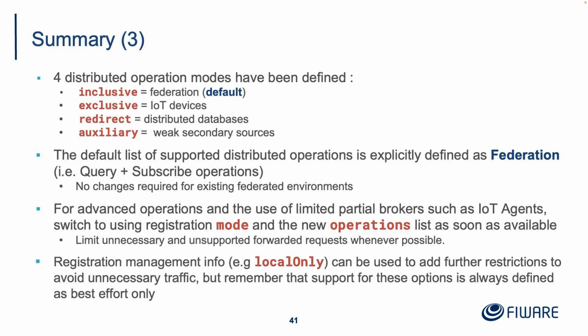And this is really all the new stuff. You've got all these new operations. If you don't put anything in, it's a federation, i.e. query and subscribe, and it's an inclusive federation. I can hold stuff, you can hold stuff, and I can get from you. But there are all these additional modes which will start becoming available to get hold of weak secondary sources or distribution of your context brokers, which will be turning up in the coming months.